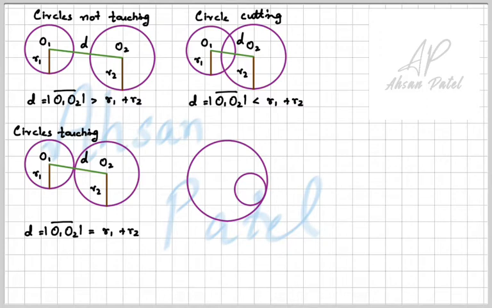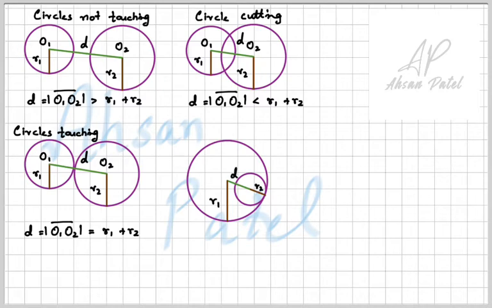Now the circle in the fourth diagram, the inner circle, obviously the smaller one, is inside the circle too, but it is touching from the inside. So if the circle is touching from the inside, this should be the distance between the centers. This is radius 1, this is radius 2, sorry.